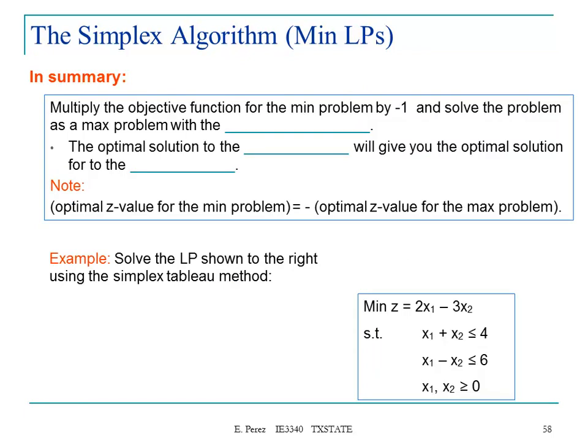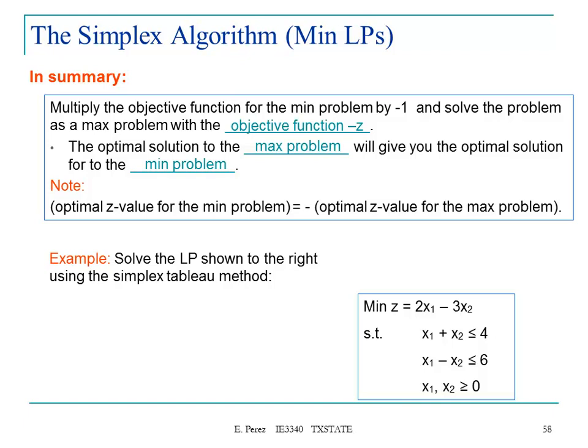So in summary, multiply the objective function for the minimization problem by minus 1 and solve the problem as a maximization problem with the objective function minus z. The optimal solution to the maximization problem will give you the optimal solution for the minimization problem. Again, these two problems are equivalent.